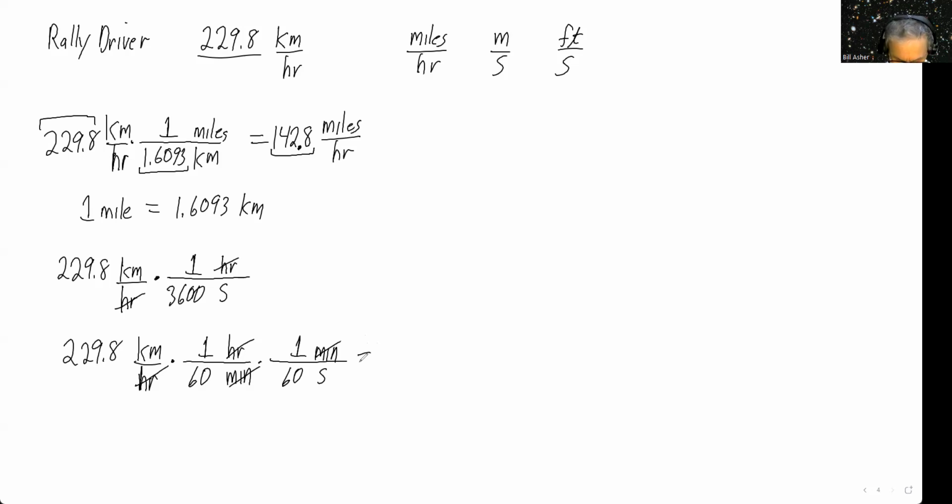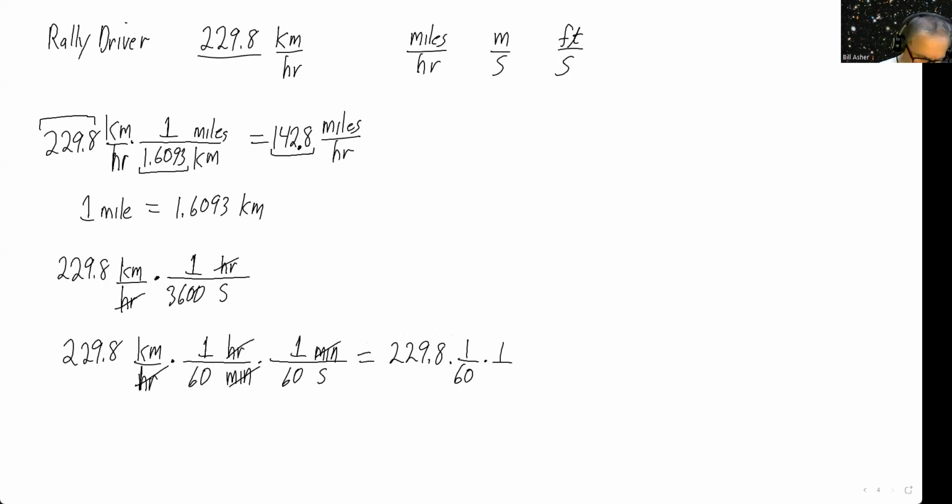So this is now equal to 229.8 kilometers times 1 over 60 times 1 over 60. Whoops, 60.